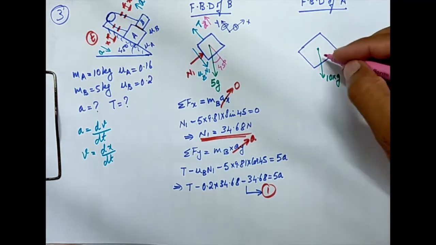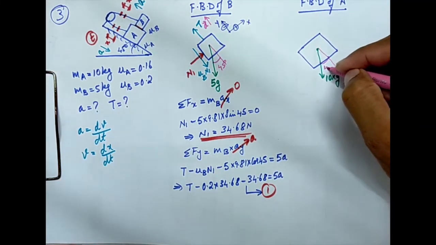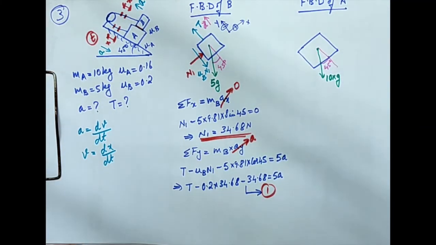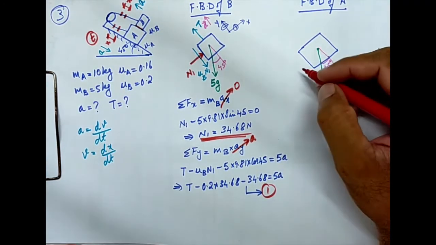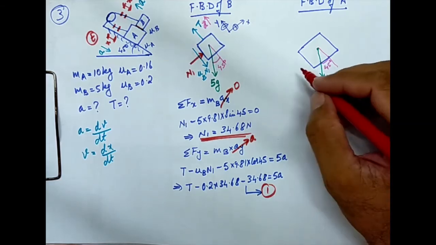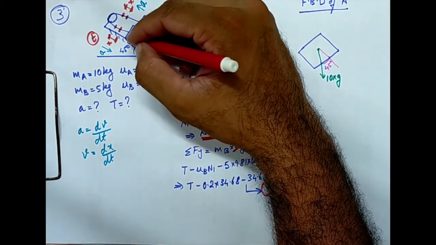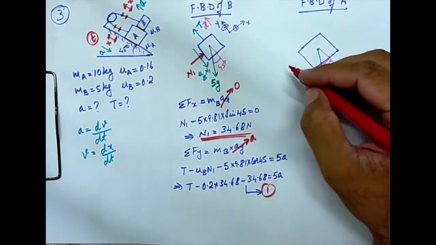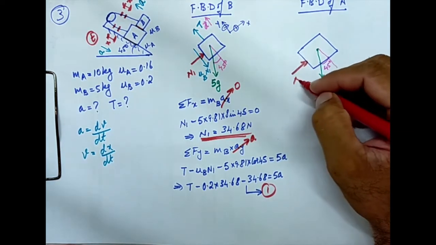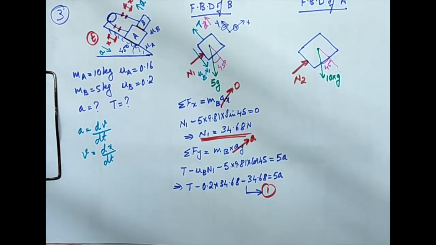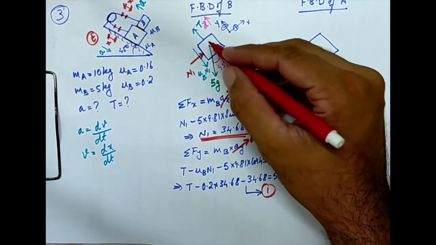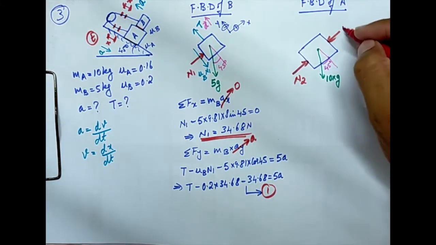And here also this angle is 45 degree from the problem definition. Then I'm going to have reaction between the surfaces in contact. This block A is in contact with the slope, so I will be having a reaction. I'm naming it as N2, and here I already have N1.